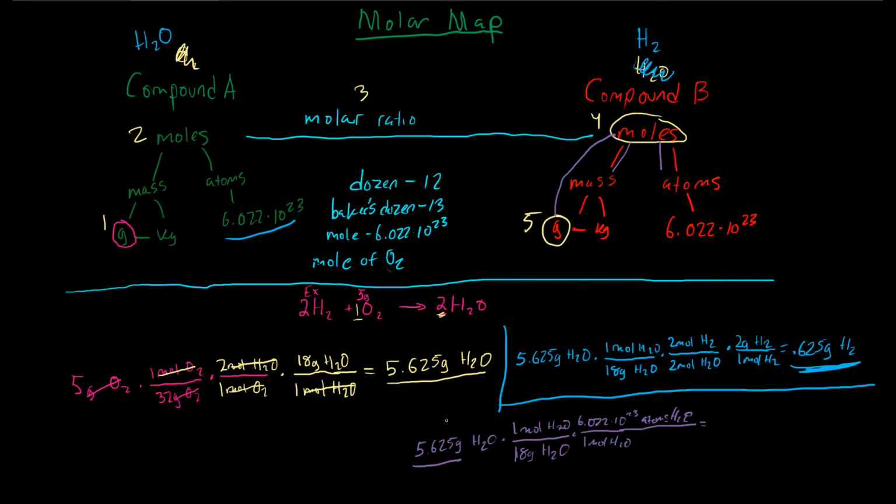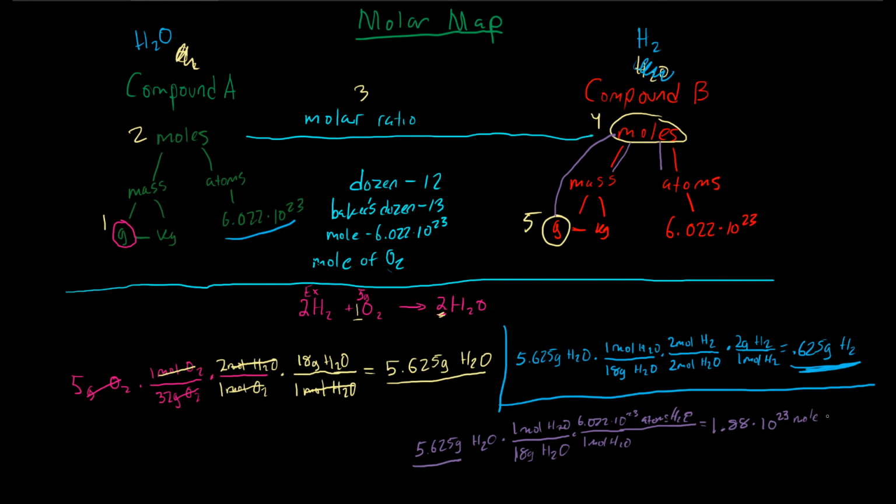So I'll do that now: 5.625 times 6.022 times 10 to the 23rd, divided by 18. And we get 1.88 times 10 to the 23rd, or I guess this would technically be molecules.